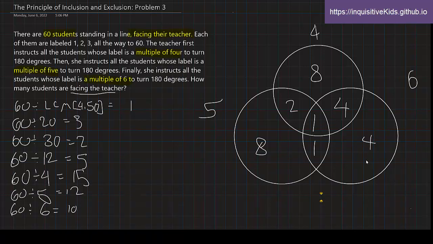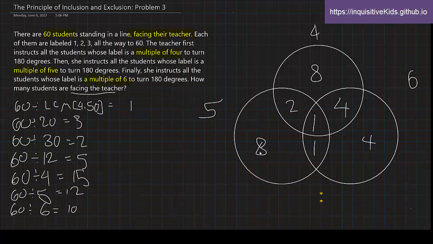Now, what do we have? What else do we need? Well, remember, not every student is a multiple of 4, 5, or 6. Some students may just have always been facing the teacher and never moved. Well, for those students, we would add all of this up.